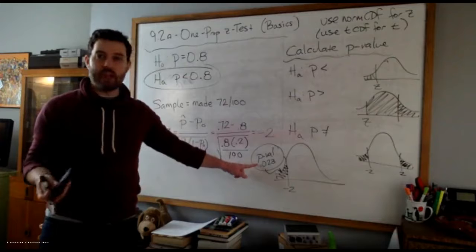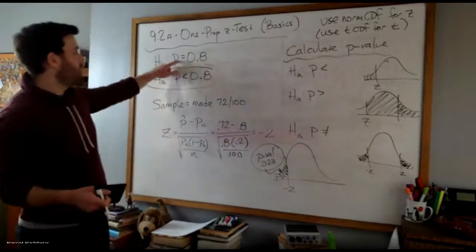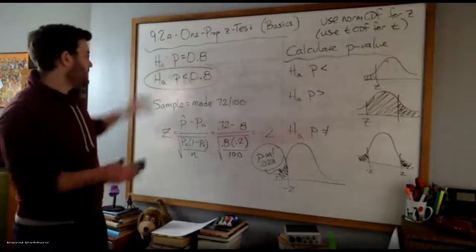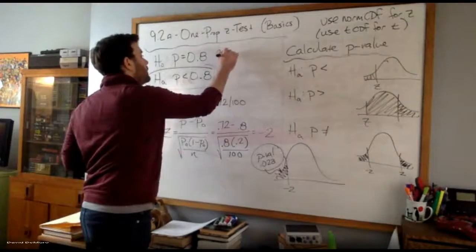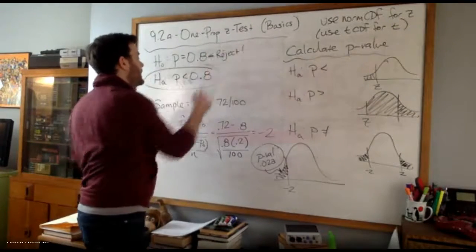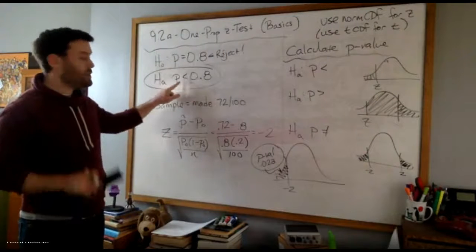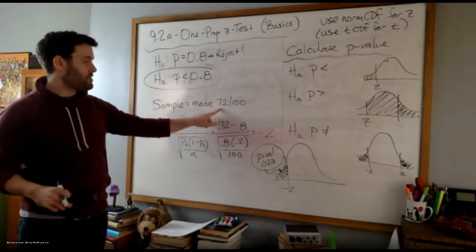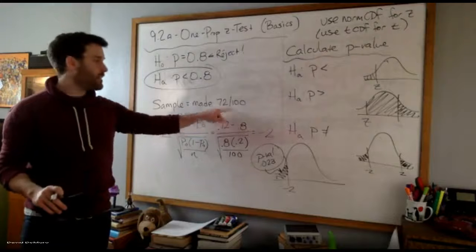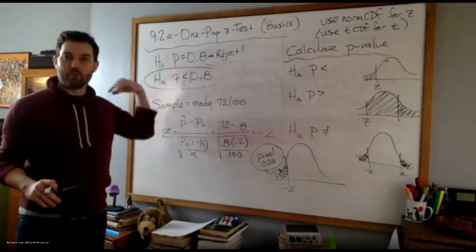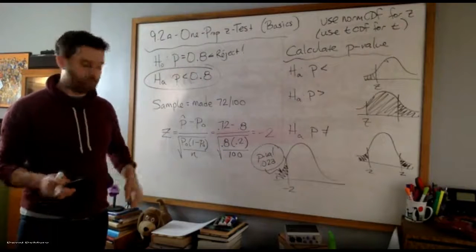And so we would have strong evidence. We would reject this null hypothesis, and we would be able to accept our alternate hypothesis, because we do have strong evidence. A person making 72 out of 100, that's pretty strong evidence that the true proportion is less than 80%.